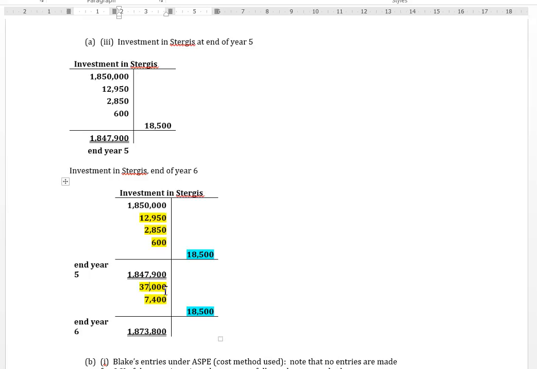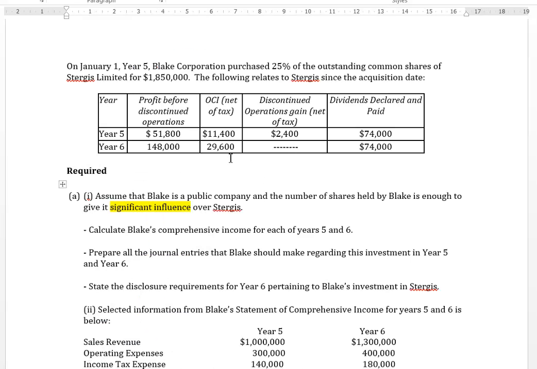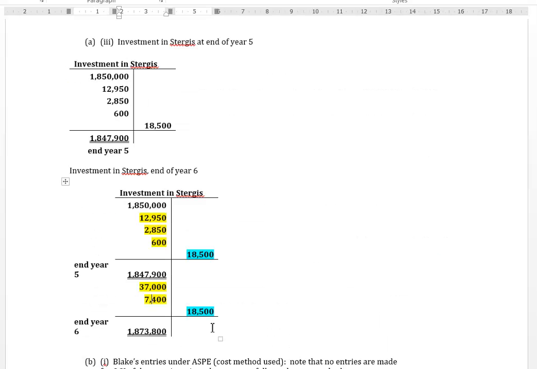There it is right there. And I also had to take in my pro rata share of the OCI. Again, you'll remember that during the year, Sturgis had OCI of $29,600. Well, a quarter of that represents our share, and that is $7,400.